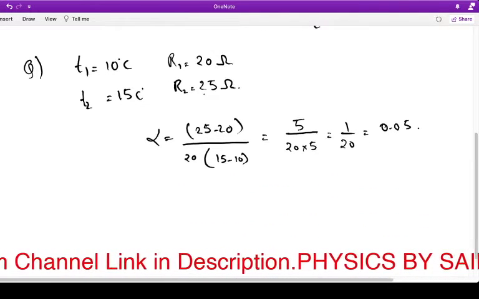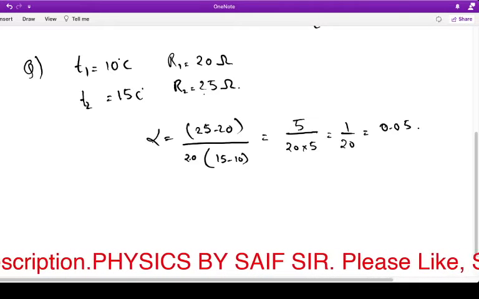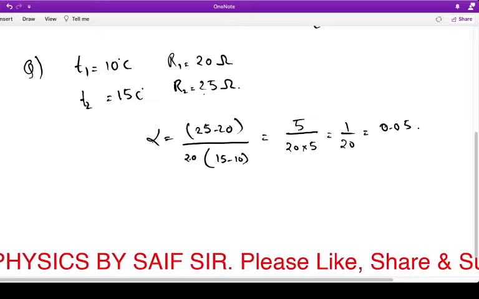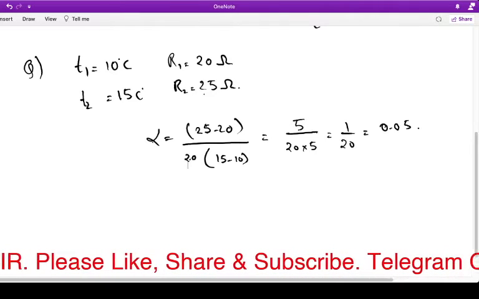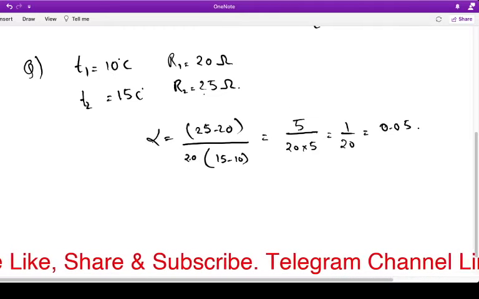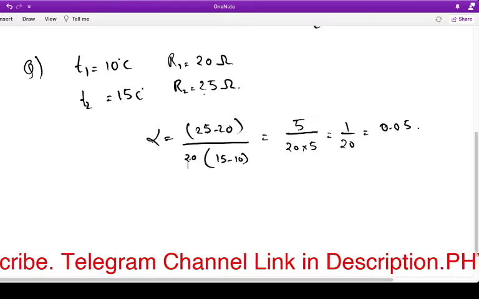Based on this formula, you can see that there are 4 parameters. Any 3 parameters can be given in the exam, and you have to find the fourth. Sometimes the coefficient of resistance is given, and you have to find the change in temperature or the change in resistance. So it can be anything.